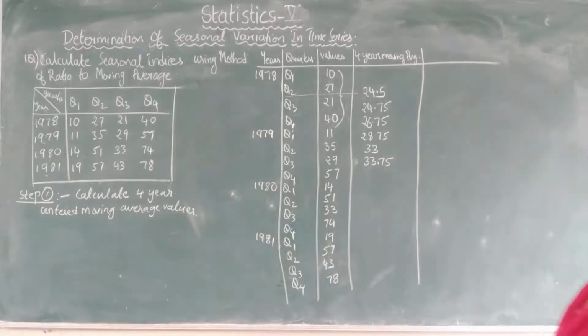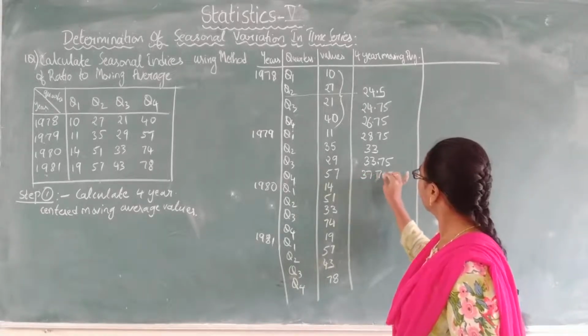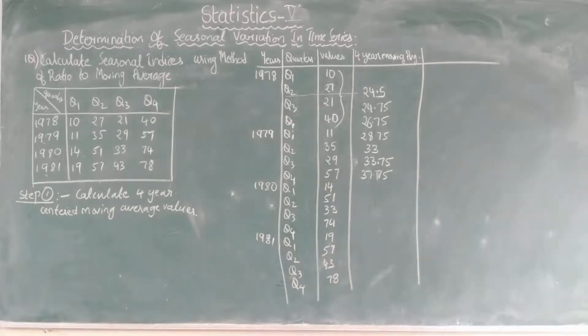Next is 29 plus 57 plus 14 plus 51, you will be getting 37.75. Next is 57 plus 14 plus 51 plus 33 divided by 4, you will be getting 38.75.